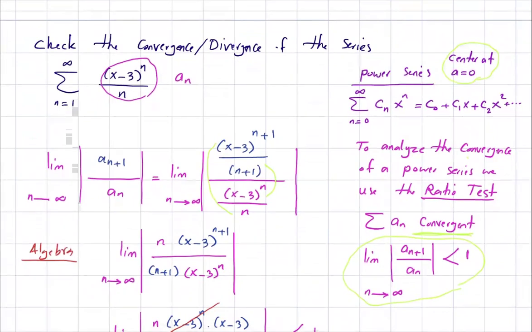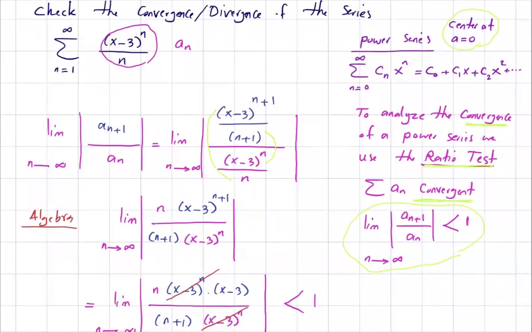To analyze the convergence or divergence of this power series, we have to apply the ratio test, which says this power series is convergent if the limit of the absolute value of an plus 1 over an as n goes to infinity is less than 1.